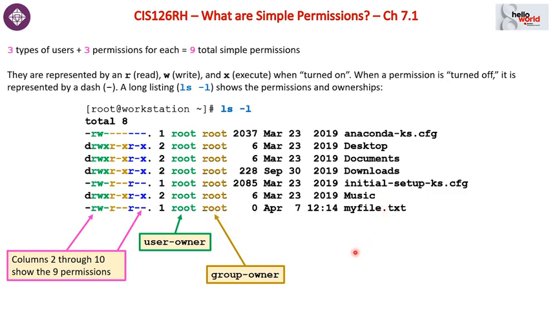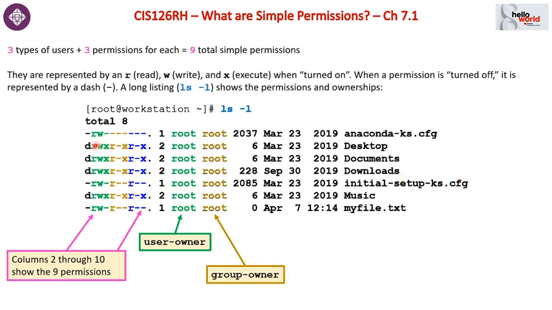Now you won't. We'll demonstrate that. But if you are Bob or Jane or whatever, well, you're not root. You're not part of this group. You can still read this file because you're part of others, and others does have the R. This is the same set of permissions for initial setup KS.